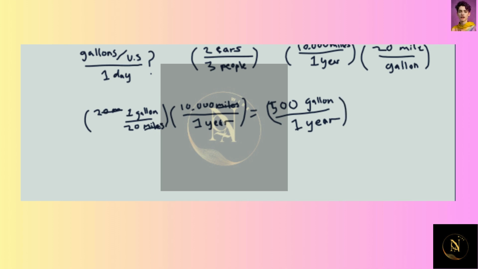So when we use this quantity, we divide it by car. Now that we have how many gallons per year are used per car, we use this quantity here to find out how many gallons per year are used per person.